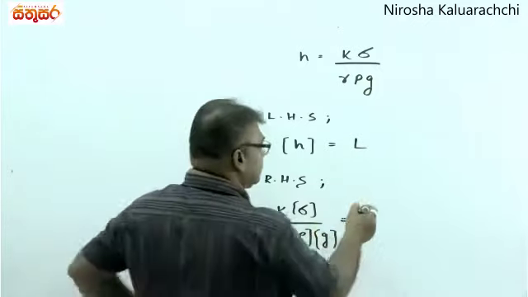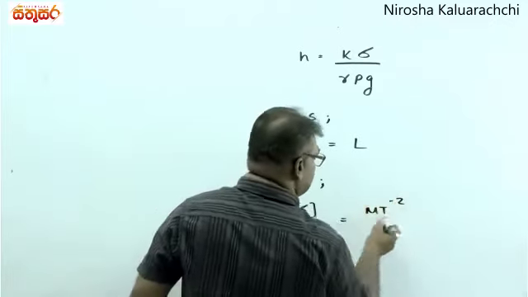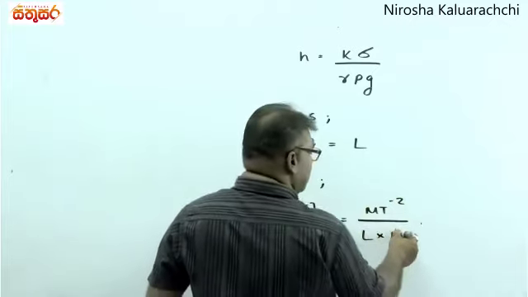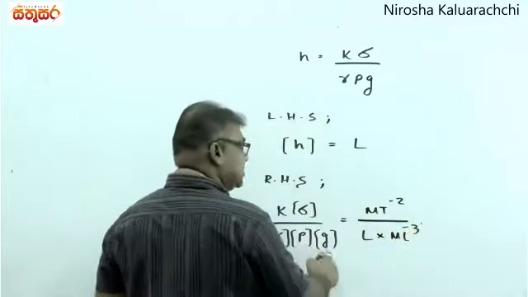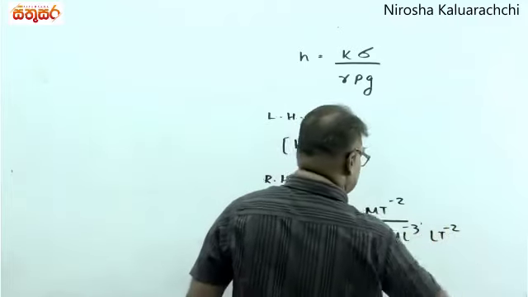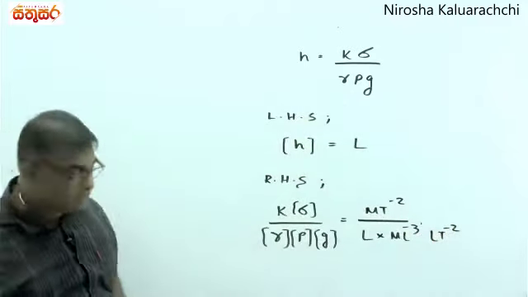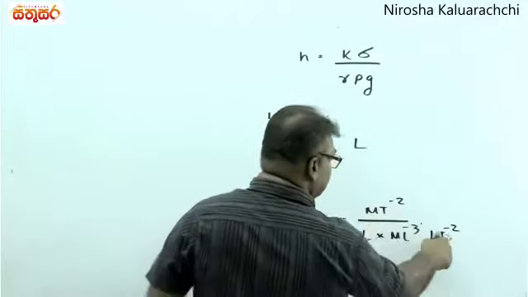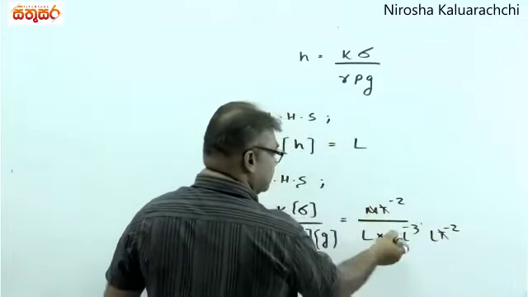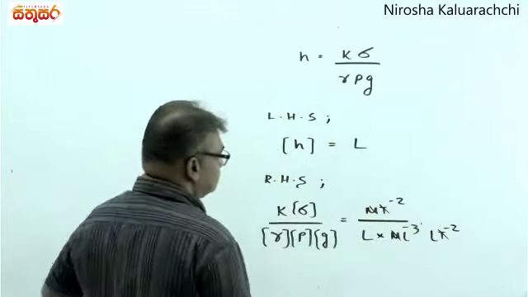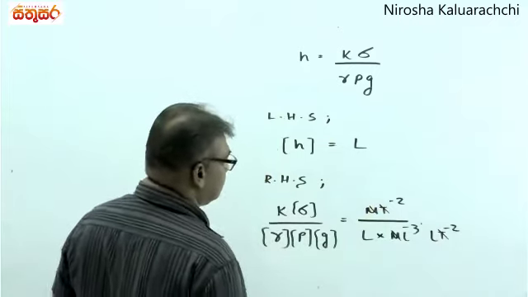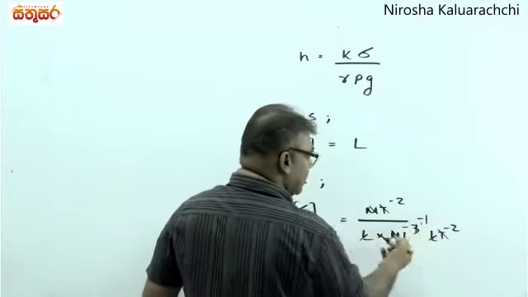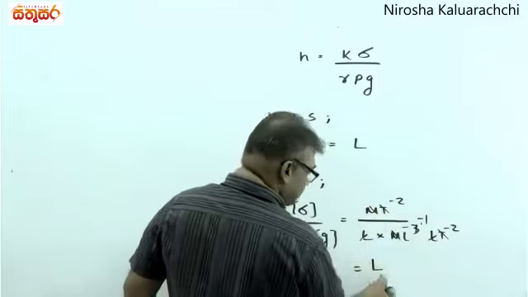Sigma surface tension M T minus 2, r is L, rho M L minus 3, g L T minus 2. Right. Simplify. M cancels. T minus 2 cancels. Here we have L1, L2, L minus 1 goes up, it becomes L.